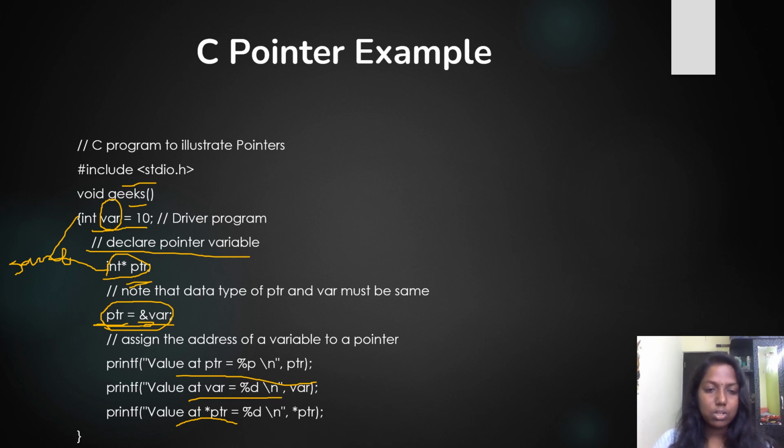So this would give us the value of ptr, which is the address, 101. Then we have the value at var, which is 10. We've initialized 10, and the pointer gets pointed to this, so we'll have 10 again.